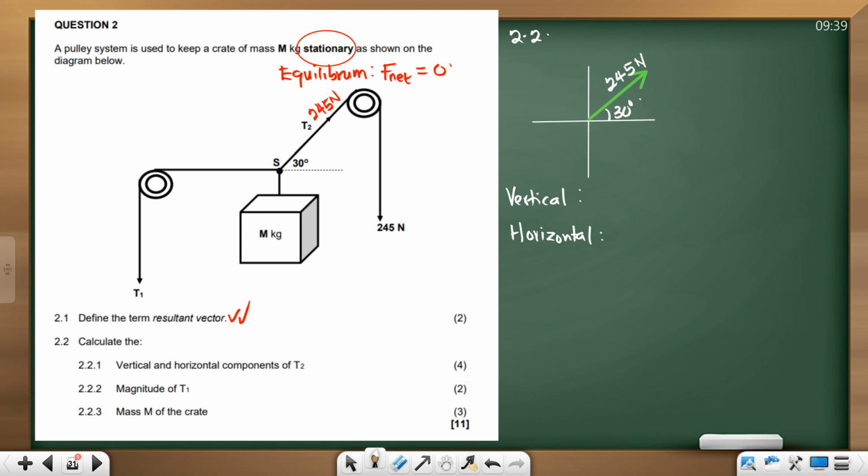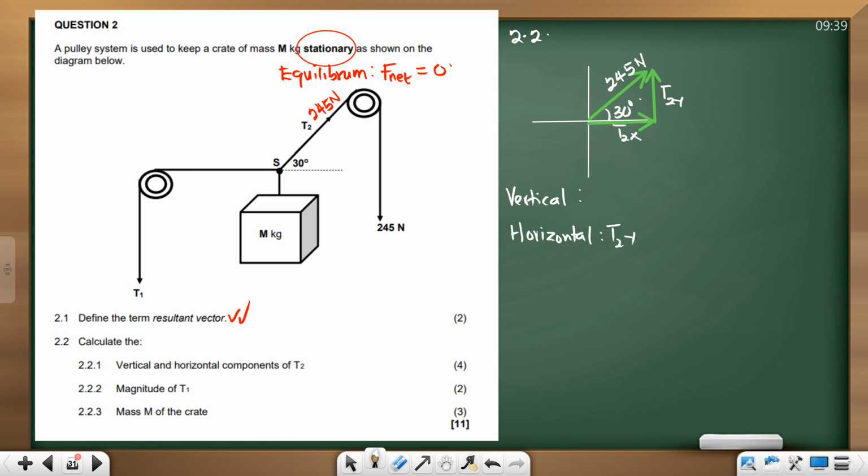All right, so quickly, if I were to do my triangle of forces, I'm going to have that, and I will have that. What will this be? I'll call this T2y and T2x. Which one is opposite? T2y, vertical.